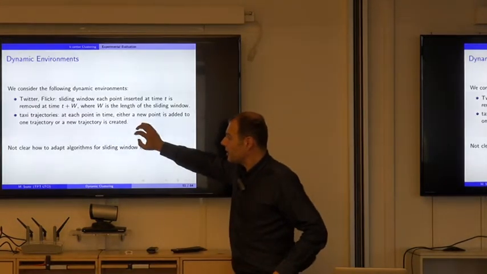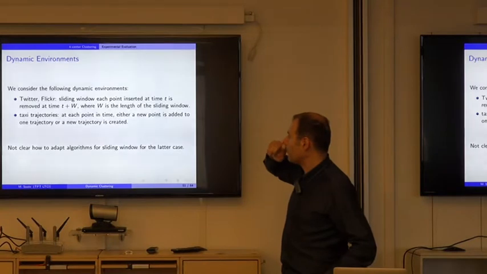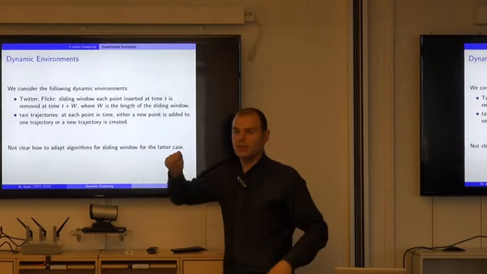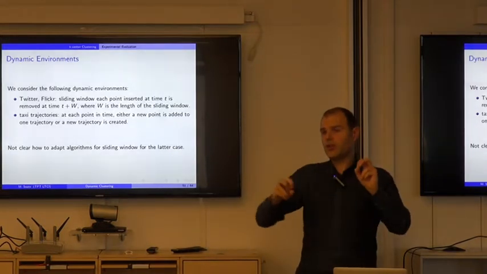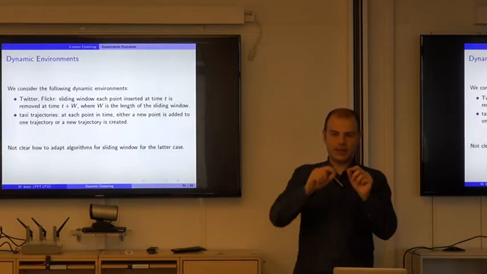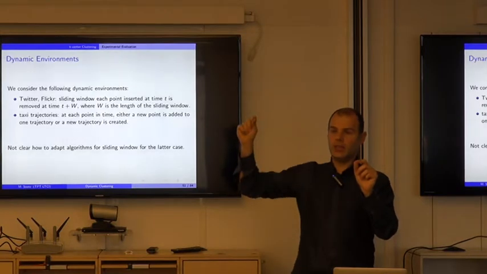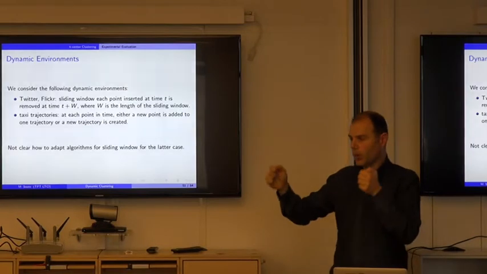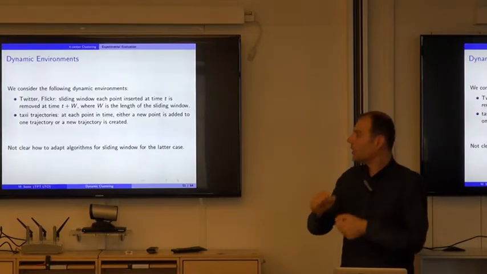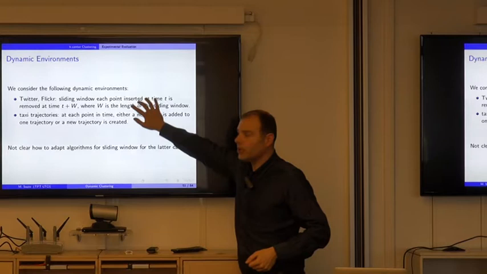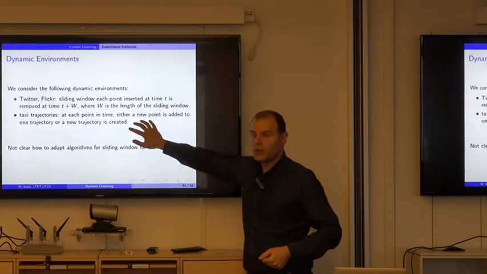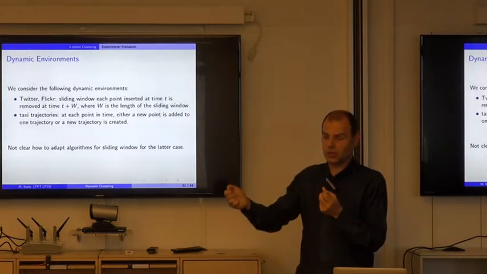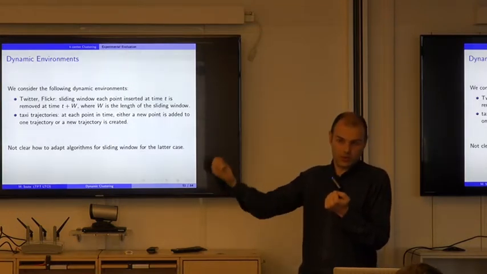For taxi trajectories, things are different. In that case, we know exactly, you have trajectories that are built over time. You have a taxi that so far did this, and now did this, and so on. So it's pretty natural what we did. At every point in time, we added a point to a new trajectory. But notice that this is more general, because the trajectory that is updated is not necessarily the oldest or the most recent one.